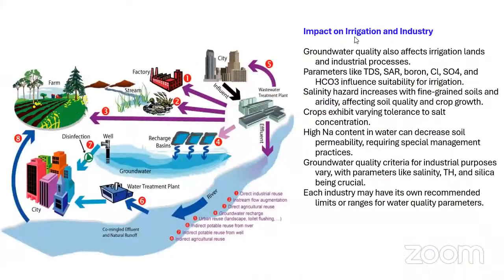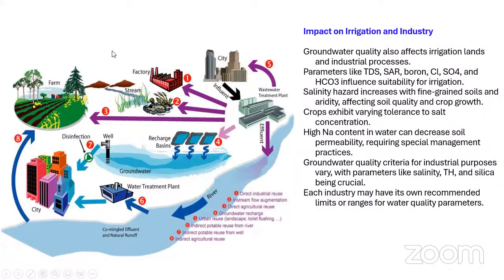Next, here I have covered the impact on irrigation and industry. So, what are the groundwater quality factors which may impact irrigation and industry? In the first slide I discussed the ranges of TDS standards.